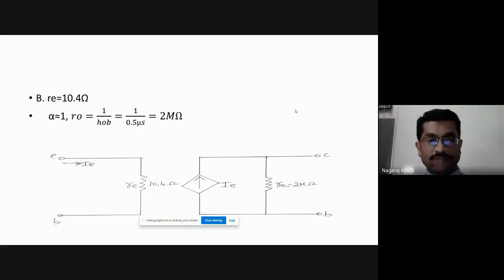So for the common base, we are getting alpha IE here, a controlled current source. This we have already studied, the RE model of the common base configuration. The same thing I have drawn here. Did you all note down the circuit, students? The model you noted down? The RE model?